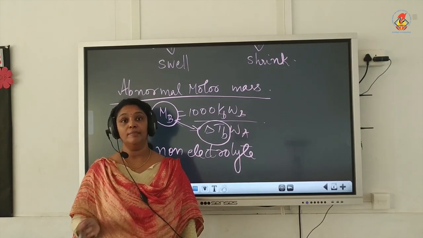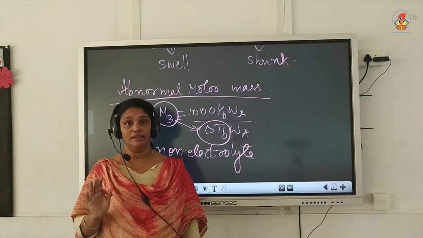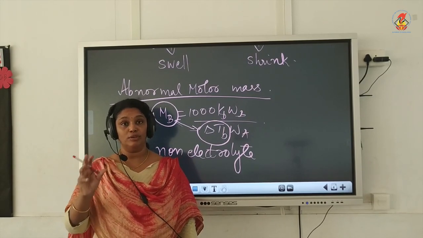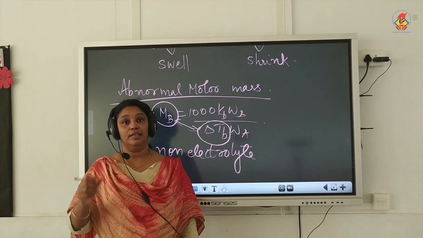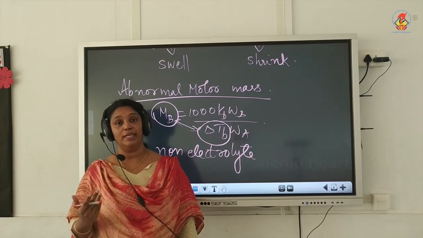That means we have a normal value for the molecular mass that we calculate. When you add a non-volatile solute that is a non-electrolyte, the molecular mass value obtained after calculation will also be the same.